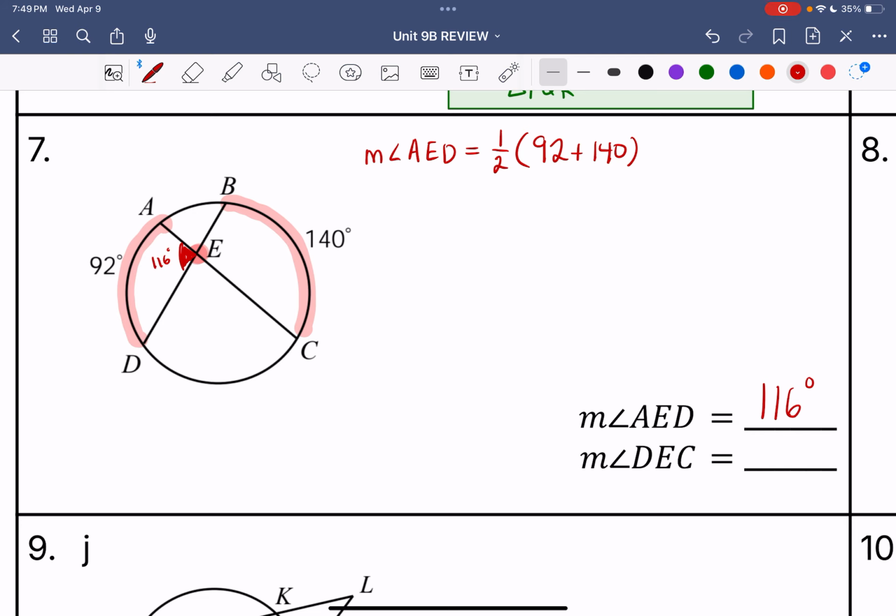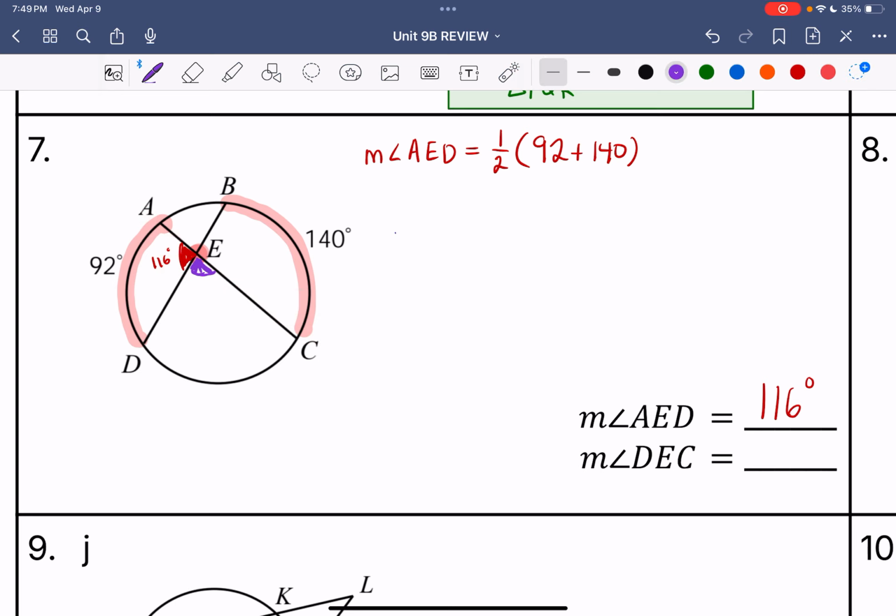Okay, but now they also want me to find the measure of angle DEC. So DEC. Now they want this angle. I'm going to use a different color. They want this part. If I knew these arcs, then I could do the same formula, but I don't. It's actually a lot easier than the previous one, because this right here, AC, is a straight line. Straight lines need to equal 180.